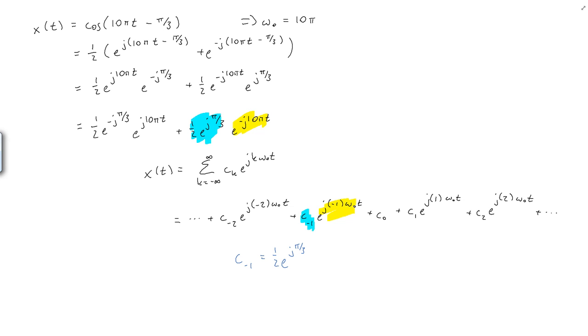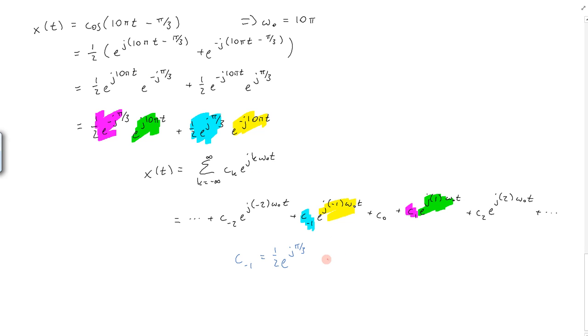Likewise, we can take a look at c sub 1, and we have e to the j 1 times omega naught, which is 10 pi t. So c1 e to the j 10 pi t. And we see that we have a matching term right here. And therefore, we can look at c1 and see that it's this entire term here.